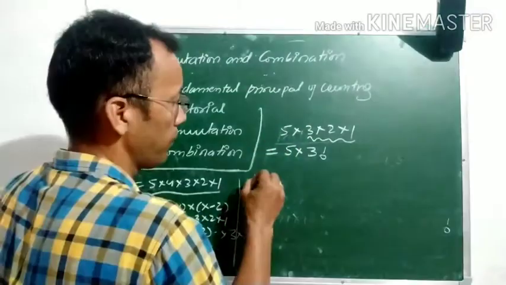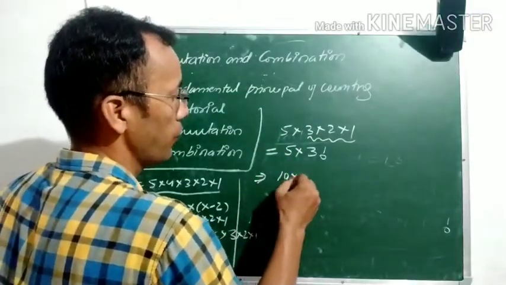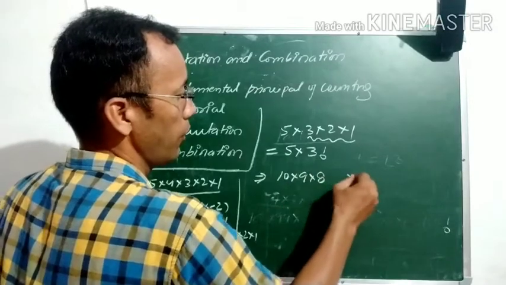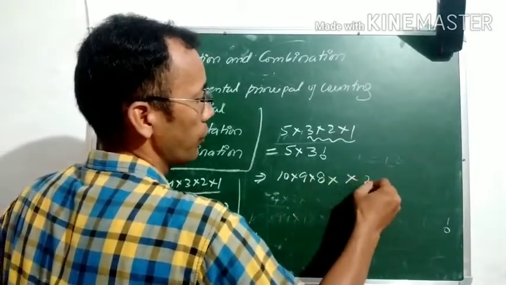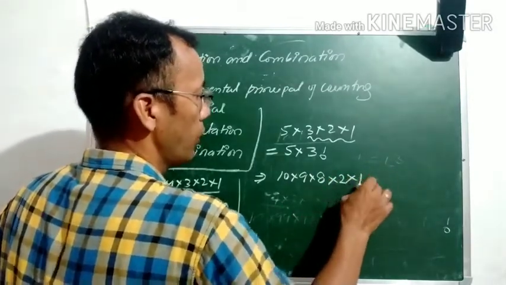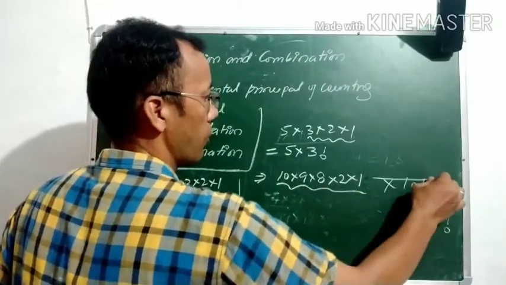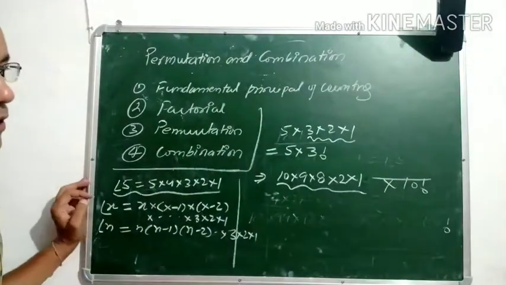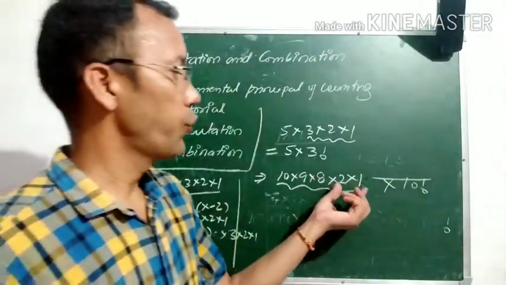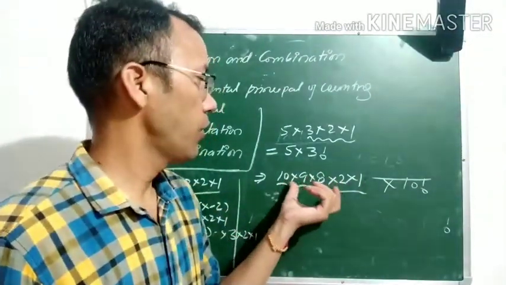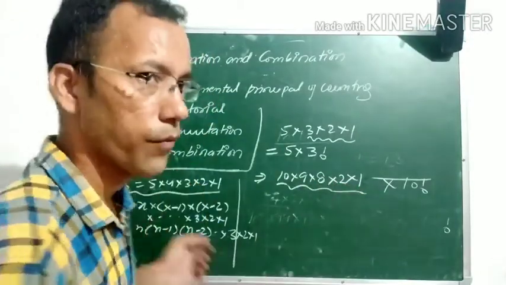And if I write 10 into 9 into 8 into 2 into 1, it is not 10 factorial. We can write this as 10 into 9 into 8 into 2 factorial.